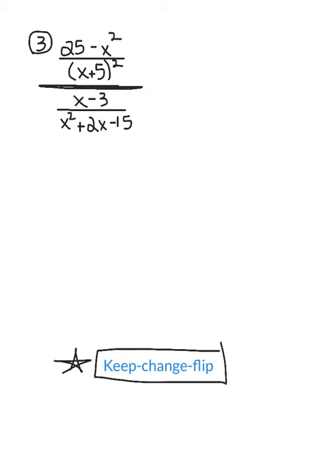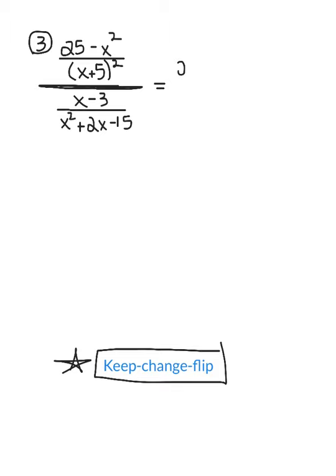All right, so I wrote the magic saying down at the bottom: keep, change, flip. And again, please make sure you're taking notes, because you're going to be doing a Castle Learning assignment and these notes will be really helpful. So let's look up at the top here. Again, we have a complex fraction because we have a fraction divided by another fraction. So when we say keep, remember that means keep the first fraction.